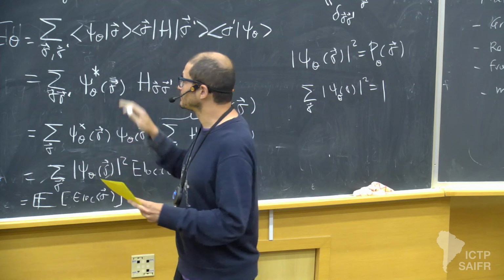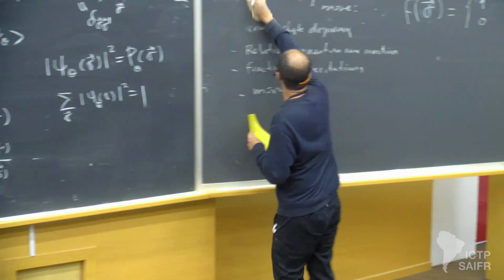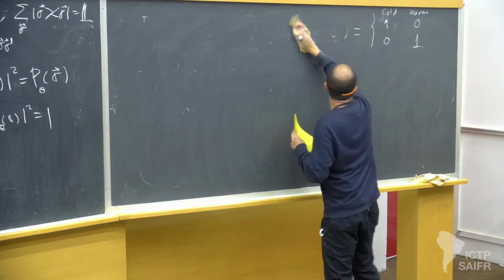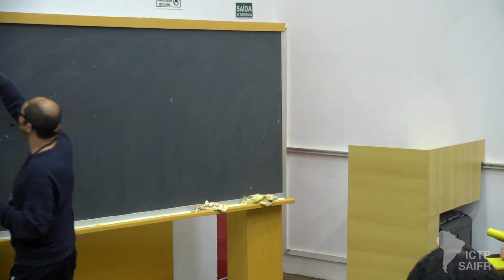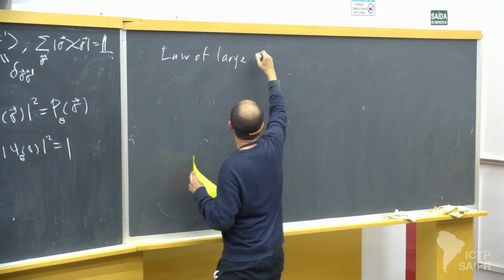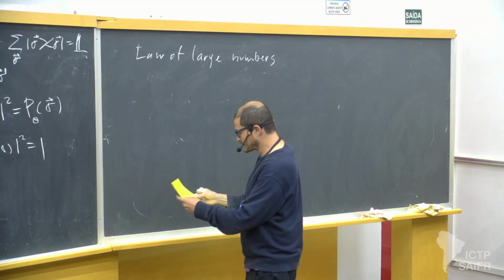Let me write it quickly here. So the law of large numbers is the following.